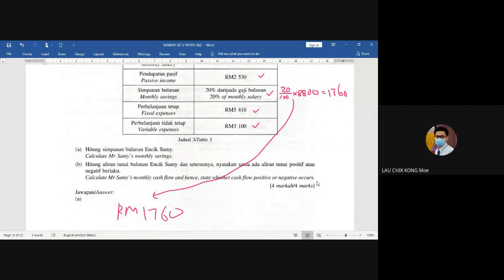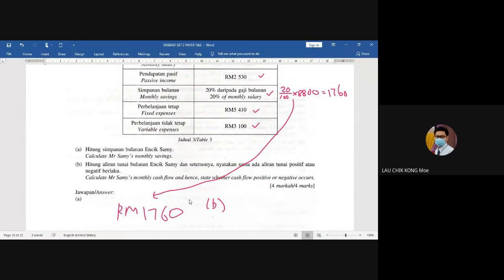Okay, so that is A. All right, so remember monthly saving not include passive income because passive income means tidak tetap. Kadang-kadang ada, mungkin kadang-kadang tak ada. So saving should be from the fixed monthly salary only, 8,800. Okay. All right.